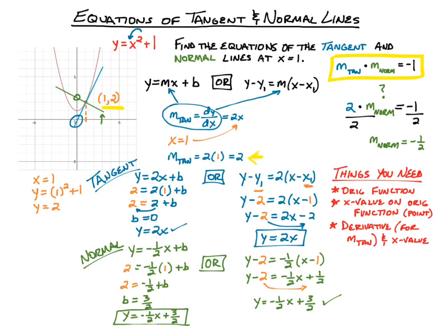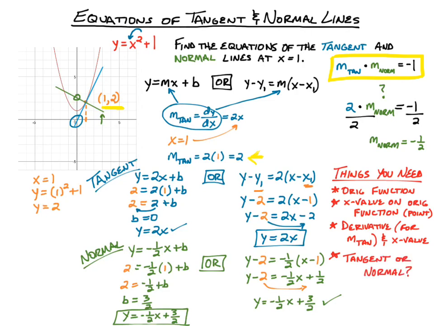So if they say the slope of a line parallel to the tangent is such-and-such, you could also use that in there as well. But basically you need the derivative so you can find the slope, or you need to have the slope for the tangent line.